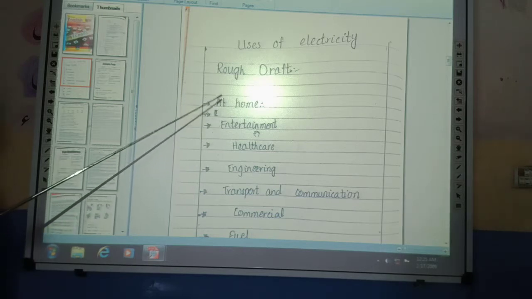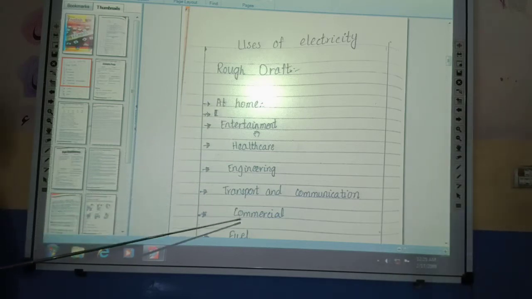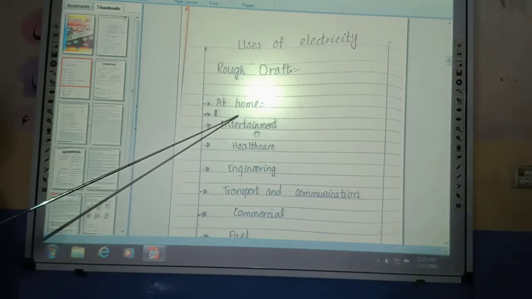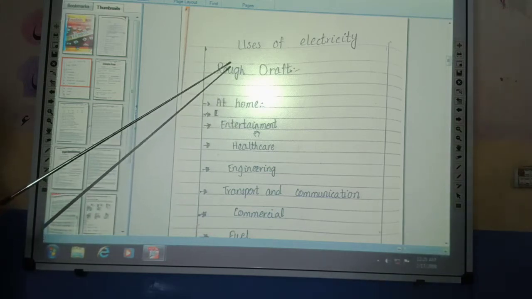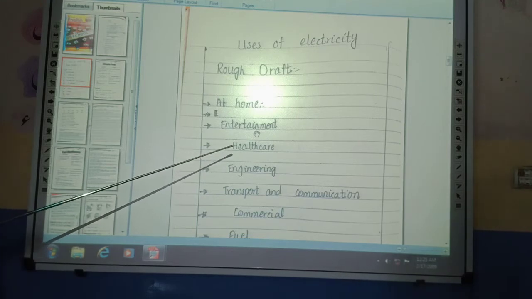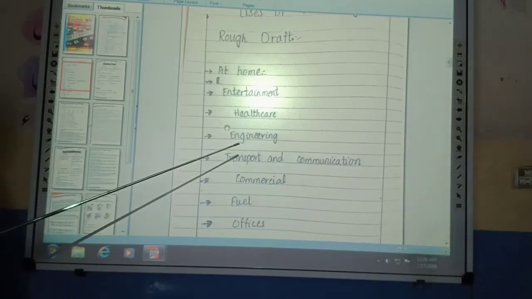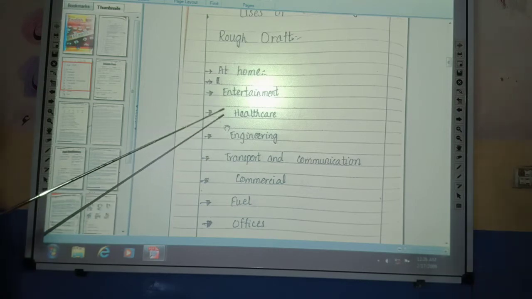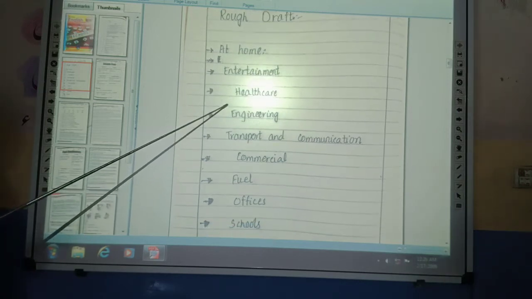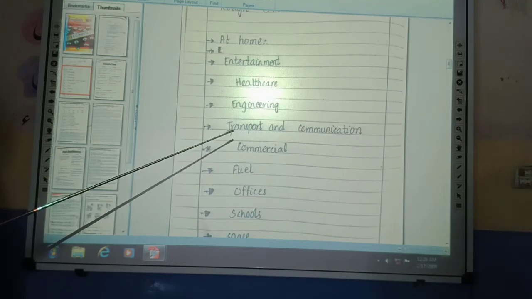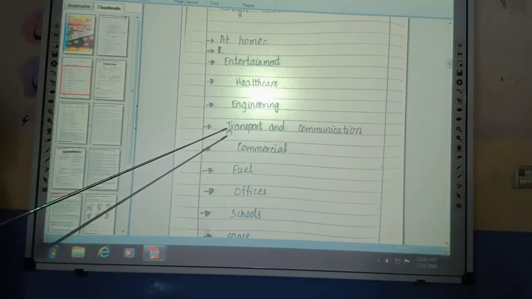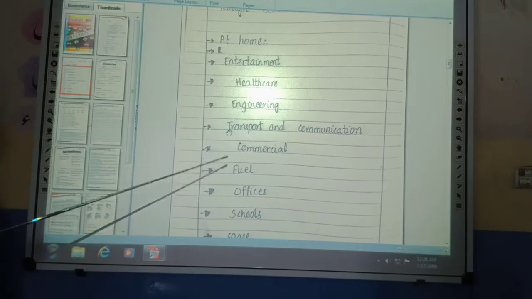You can make a rough draft about any topic in this way. The ideas which are in your mind, you can write in this way. Uses of electricity, like where we use electricity, why we use electricity, what are the uses of electricity.